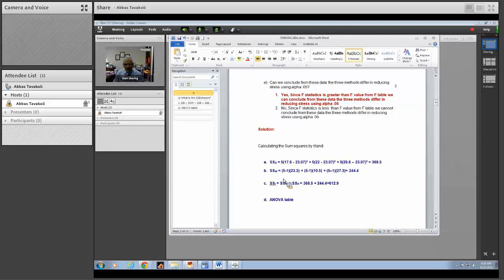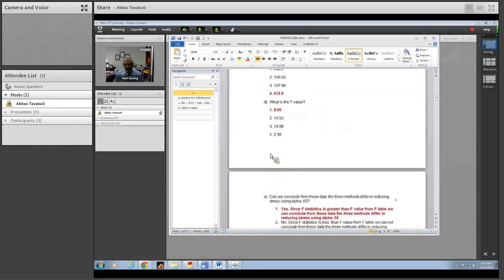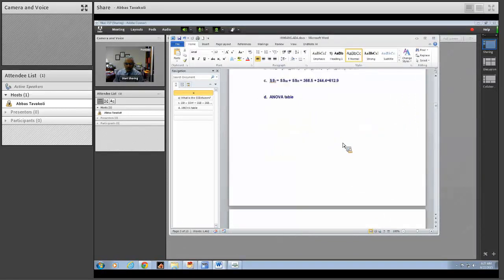Sum of squares within is n minus 1 times the variance for each group. So you have 5 minus 1 times 23.3, 5 minus 1 times 10.5, and so forth. The sum of squares total is basically adding up those two sums of squares, and it becomes 612.9.